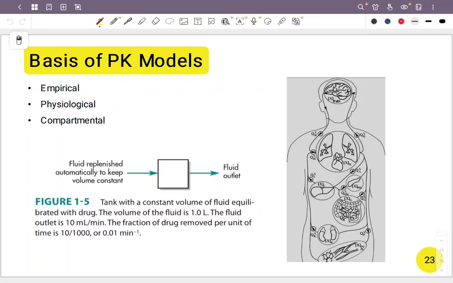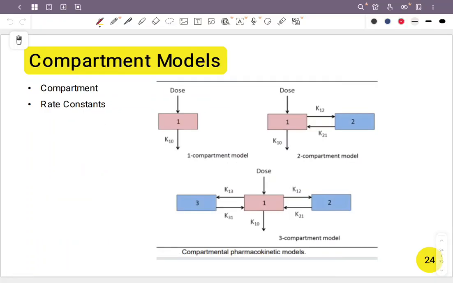Then, next is our compartmental models, and in this model, ito yung pinaka-common na ginagamit, and in here, the body is represented as one or more compartments, not specific organs, but conceptual spaces where the drug distributes.